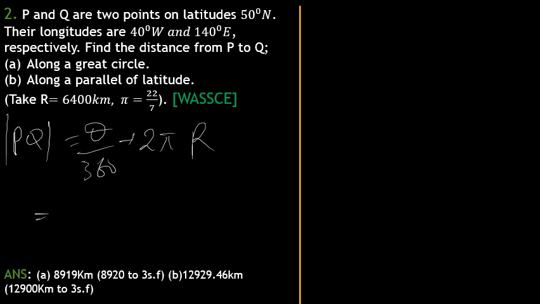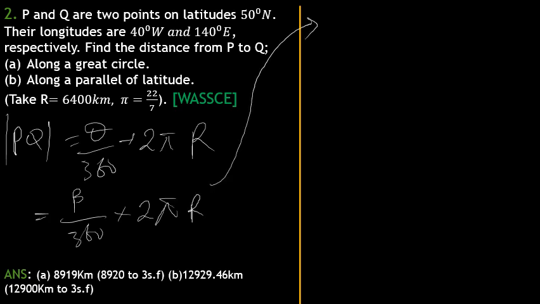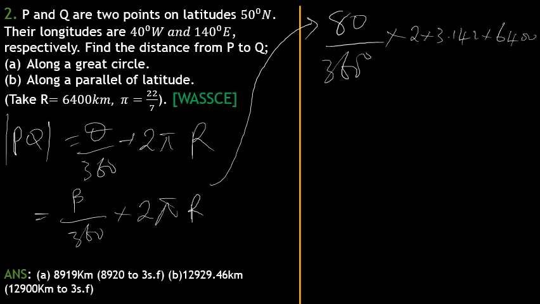So we are using beta over 360 times 2 pi capital R. Our beta is 80 degrees. So 80 over 360 times 2 times 3.142 times 6400.